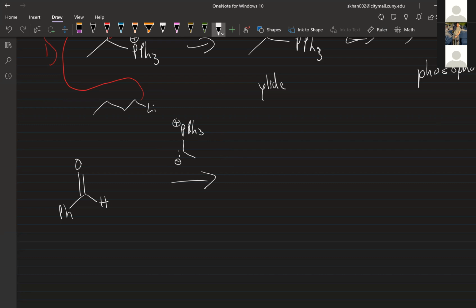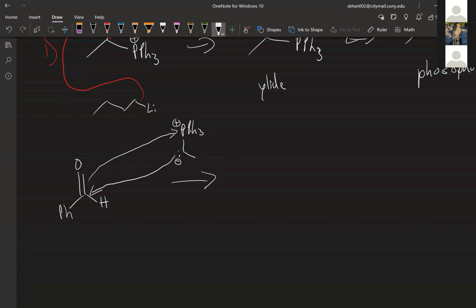So your carbonyl is going to attack the electron poor phosphorus, right? Your carbanion next to your phosphorus is going to bond the electron poor carbon of the carbonyl, right? So it's literally a 2+2 addition, right? You have two electrons coming from the carbonyl bond, and then two electrons coming from the carbanion. And technically, you could draw it the other way too, but it doesn't make too much of a difference, right?